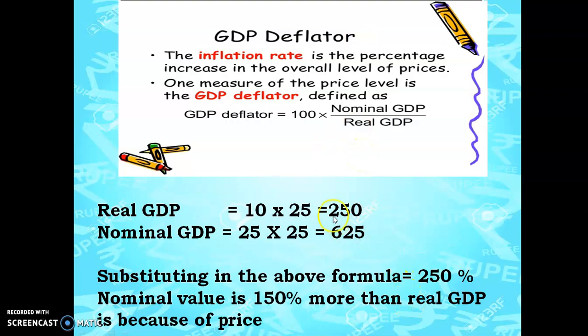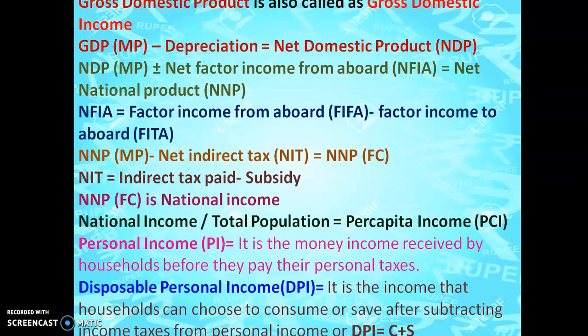If you substitute, the answer will be 250%. So the nominal value is 150% more than the real GDP value, and this increase is because of the prices which have increased. So this is related to the GDP deflator.